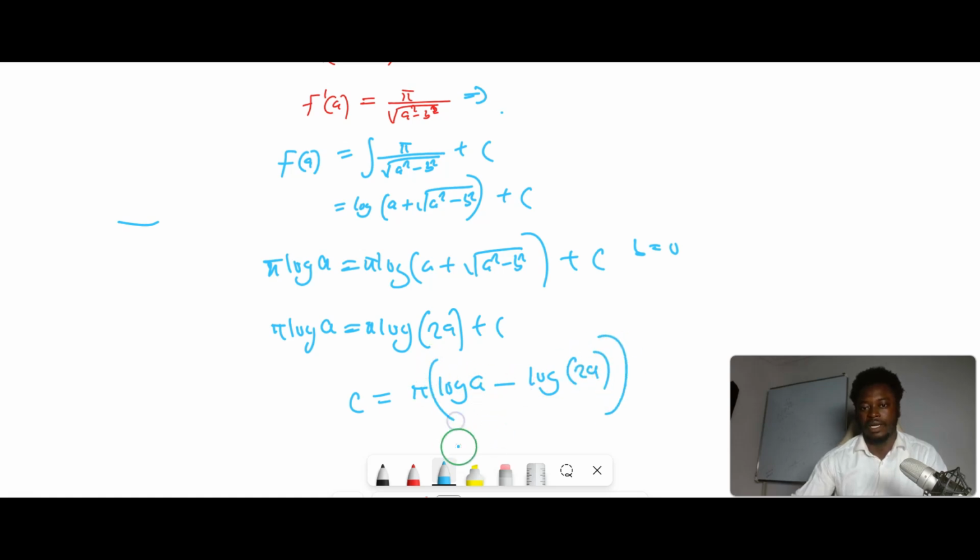So that would be pi times the logarithm of 1 over 2.